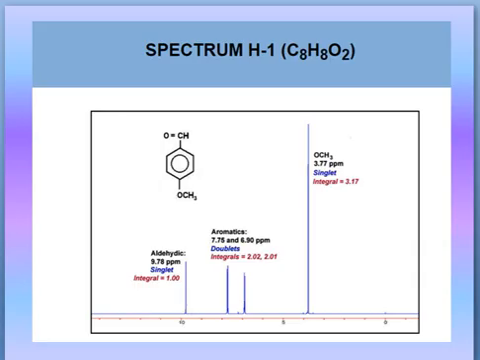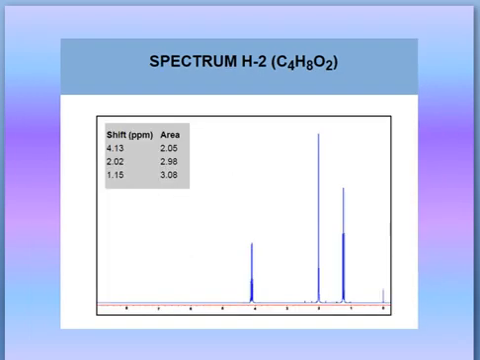Let's see another problem. This will give you a clear idea; we discussed this type of NMR peak a lot of times. C4H8O2. The chemical shift is 4.13, which means two protons, the keto type of proton.